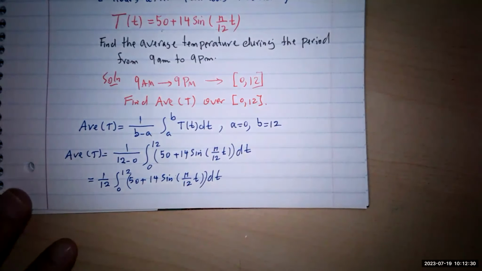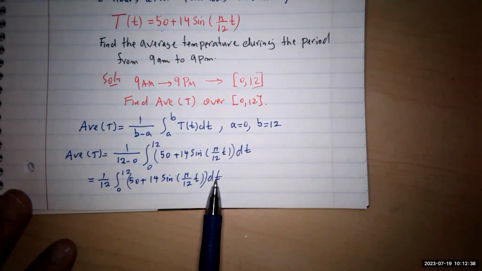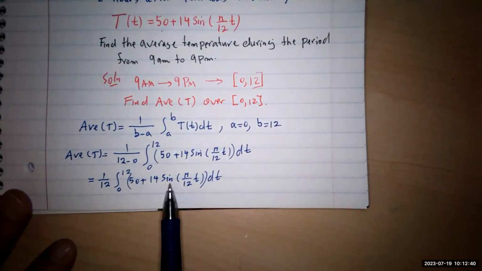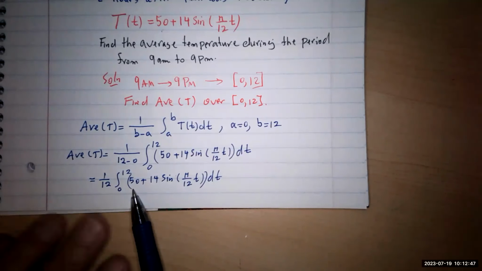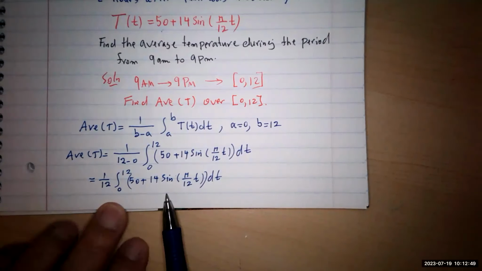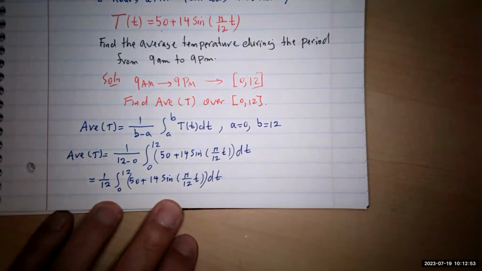You can do it right away, or you can break it into 2 parts. It's up to you. You can break it into the one with the 50, just do it, and then do the integral part. All of them can be done together if you like, but it's up to you. Which one do you want to do? I do the breaking one for you, but you don't have to.